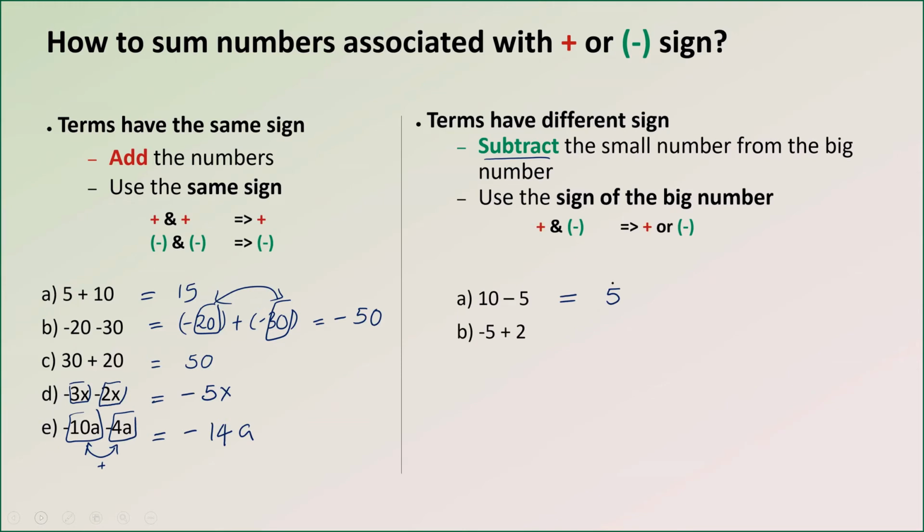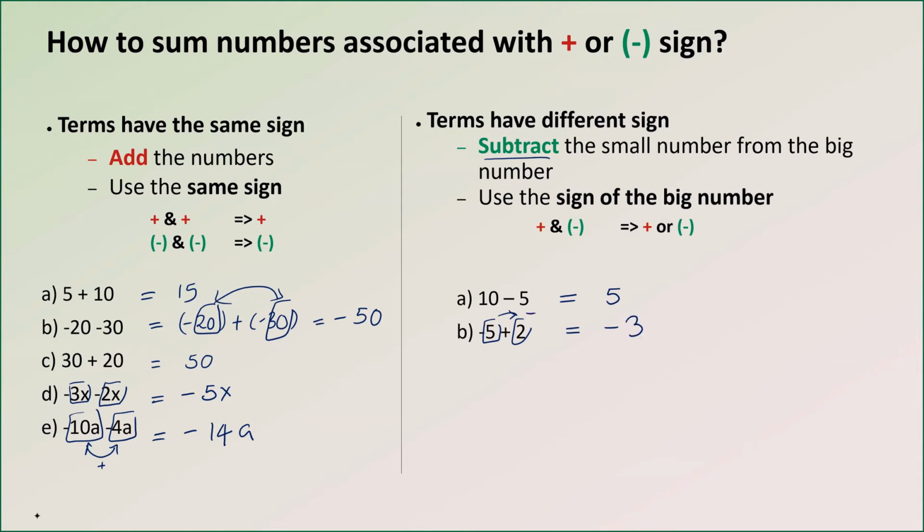Now look, B. In the B, again, one of them is positive, one of them is negative. The negative number is bigger in size, so I should use the negative sign, and then I just consider 5 and 2 and perform a subtraction. So 5 minus 2 is 3.